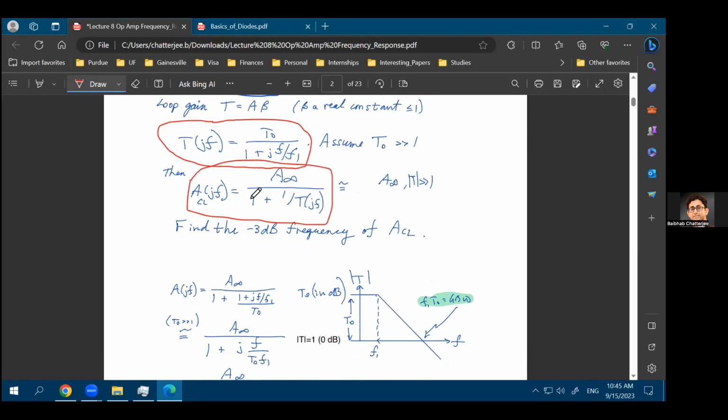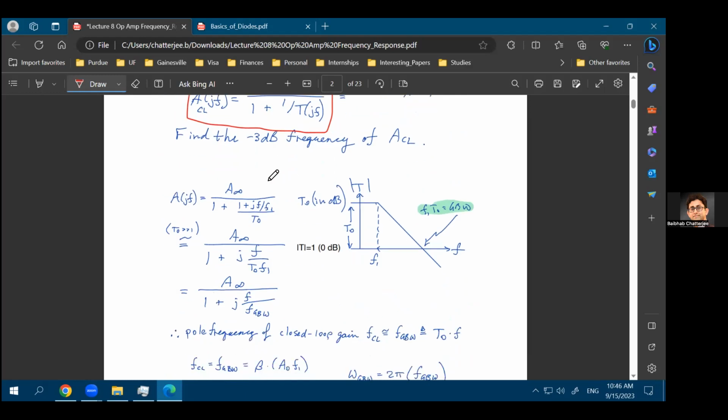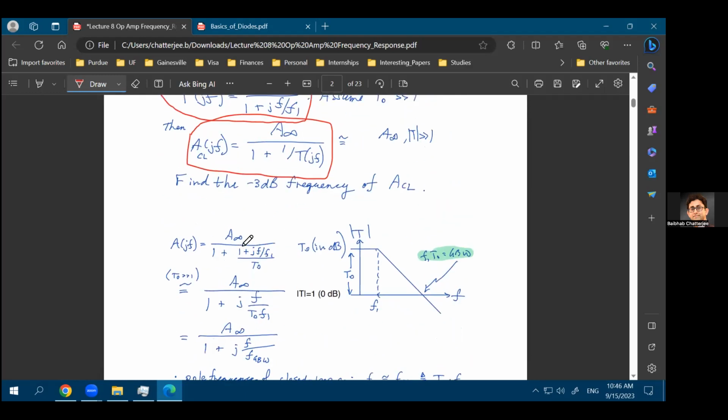Your closed loop gain will be A infinity divided by 1 plus 1 over the loop gain, and the loop gain will be a function of frequency. A infinity being an ideal op amp, in that case, you do not need to consider it as a function of frequency. Now, if you just write that down, that A infinity divided by 1 plus 1 over T, and T you can represent as T0 divided by 1 plus j times f over f1, where f1 is the open loop pole frequency in the loop gain.